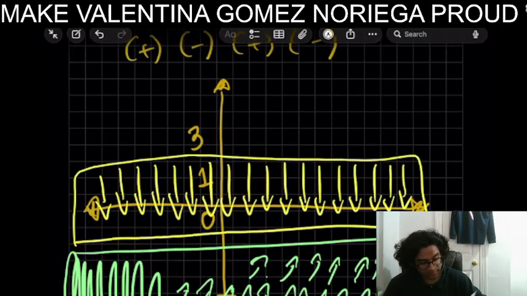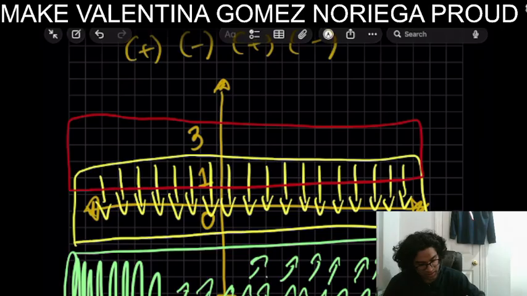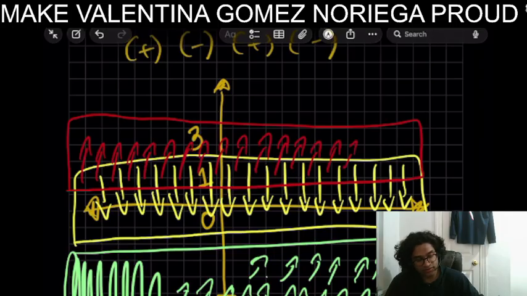And then 1 to 3, I may have overlapped a bit. Now 1 less than y less than 3, we also know that it is a positive, because when we selected 2, we got 2, 1, 1, which is 2, a positive value. I can go for 2.1, 2.2, 2.3, 2.4, 2.5, it doesn't matter. At the end of the day, it's going to go upwards.